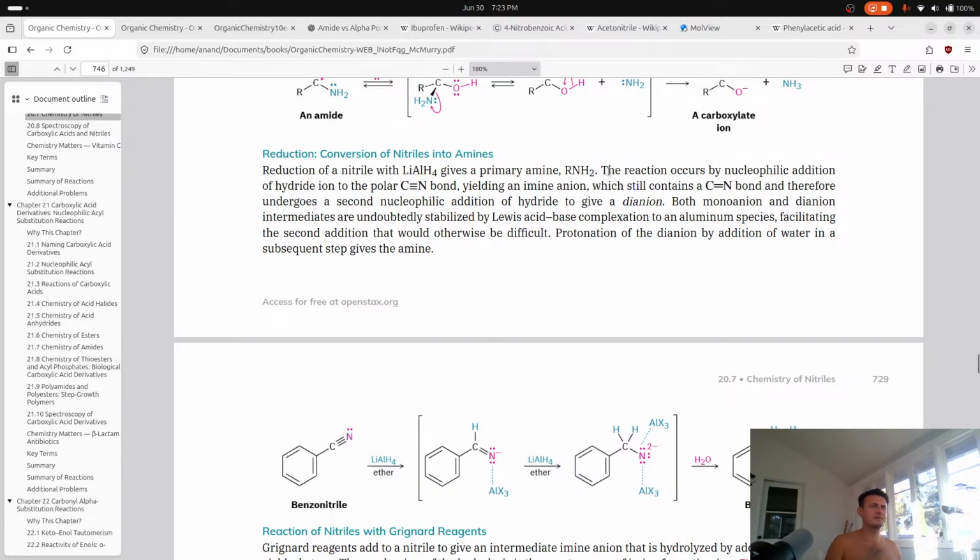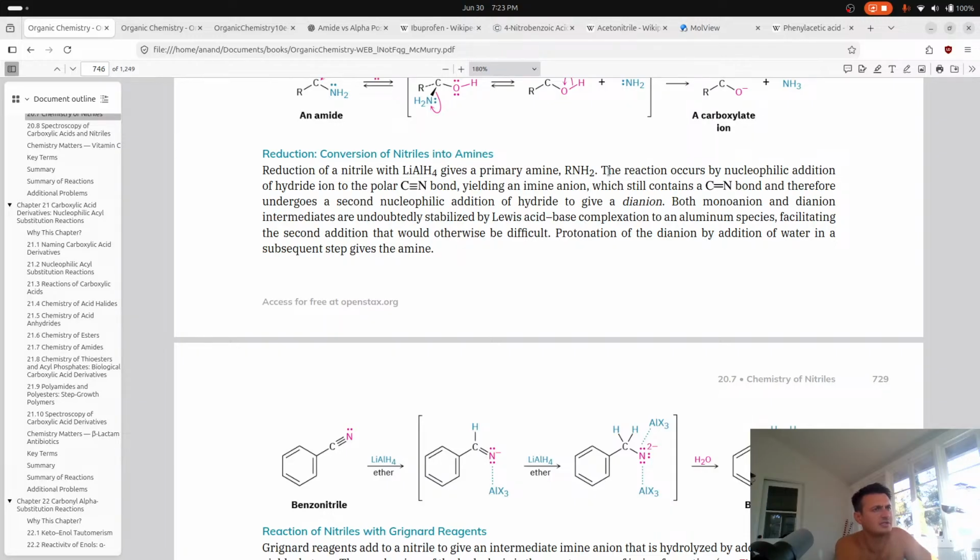The reaction occurs by nucleophilic addition of a hydride ion to the polar CN bond, yielding an imine anion, which still contains a C-double-N bond and therefore undergoes a second nucleophilic addition of hydride to give a dianion.